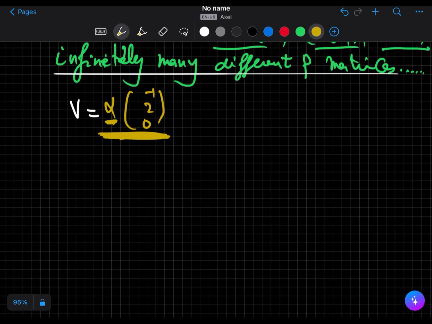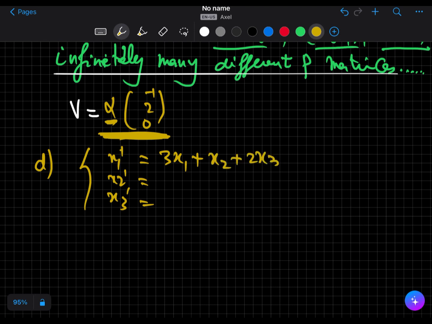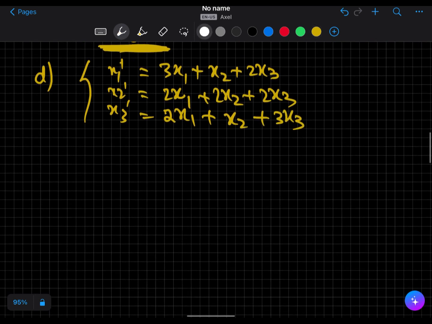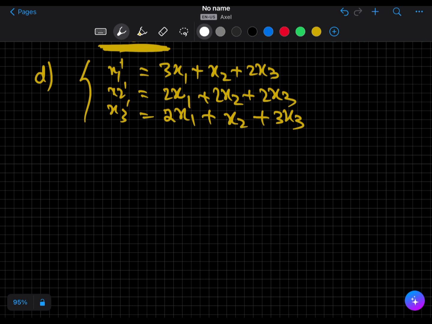Now, the fourth question is for us to solve the differential equation. So we have to solve this system: 3x1 plus x2 plus 2x3, 2x1 plus 2x2 plus 2x3, and 2x1 plus x2 plus 3x3.